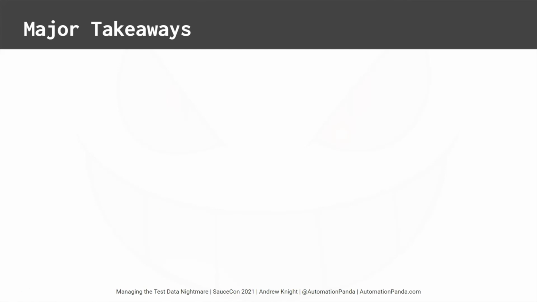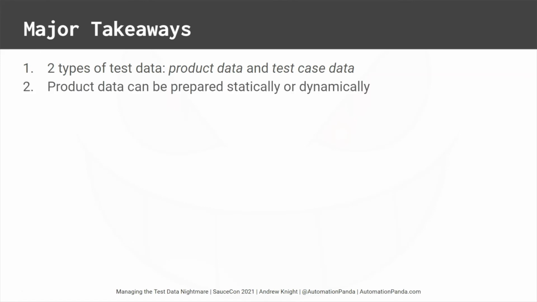Boom! We covered a lot of material in half an hour. So let's recap what we learned. There are two primary types of test data: product data and test case data. Product data can be prepared statically or dynamically.